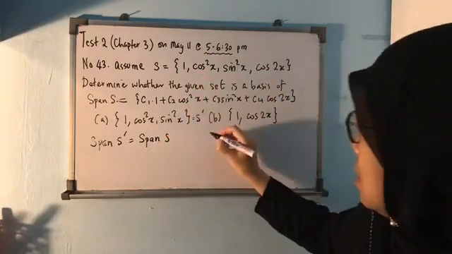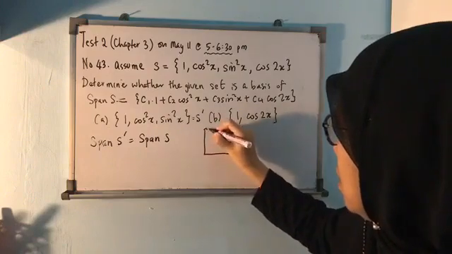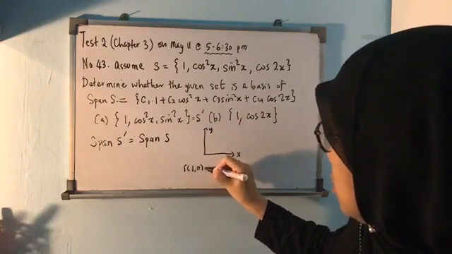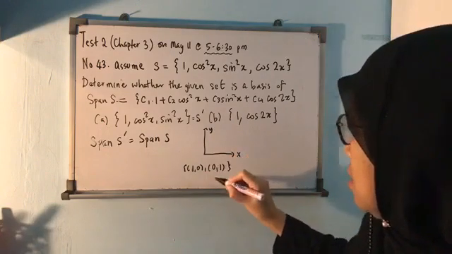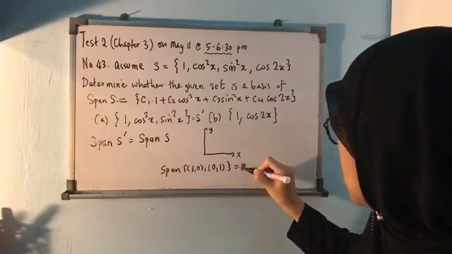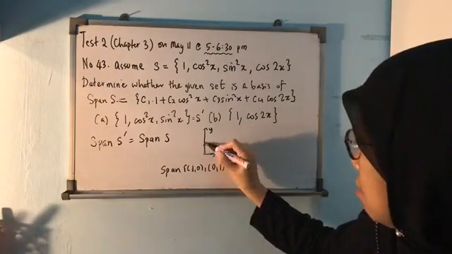You remember last time I said that, for example, if you have x and y, this (1, 0), (0, 1) spans R2, right? The span of this is the whole R2. They span everything.